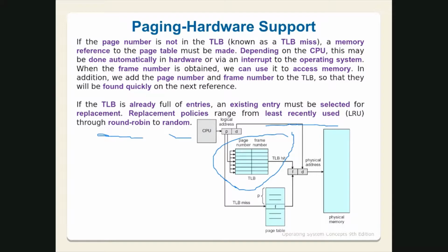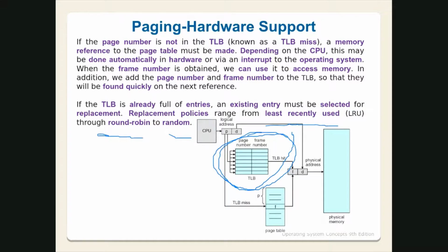Among these 7 entries in the TLB, which entry was least recently used means recently not used. Okay, which entry is not used recently? Long time ago it was used. Recently the OS doesn't use that entry. So it's not used for a couple of times. You can remove that entry. That entry can be selected for replacement. That's one thing.